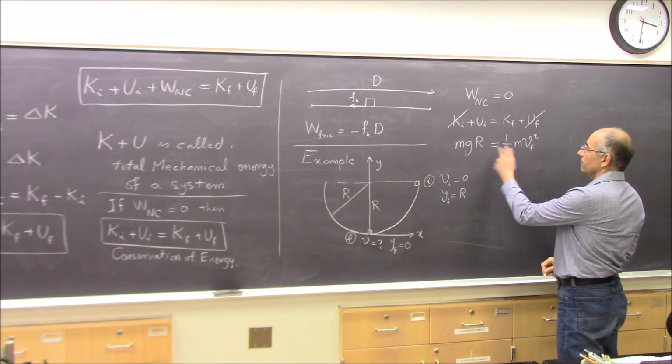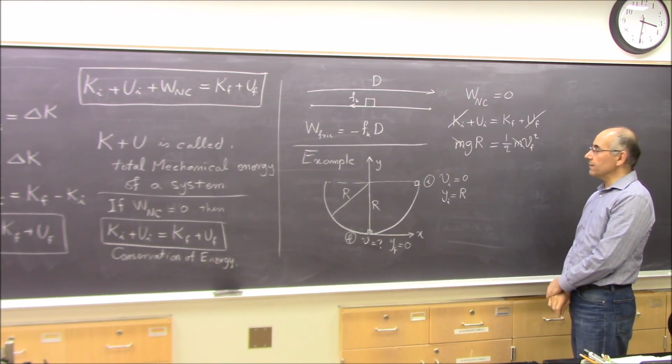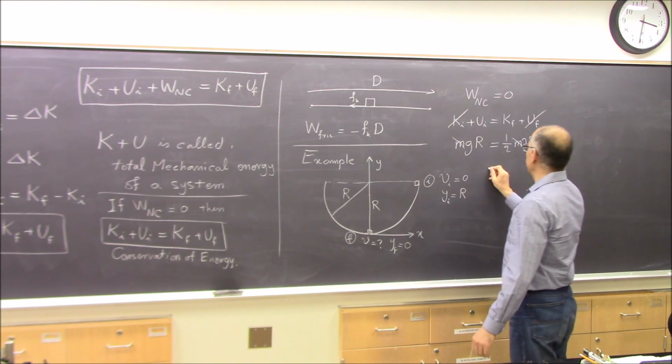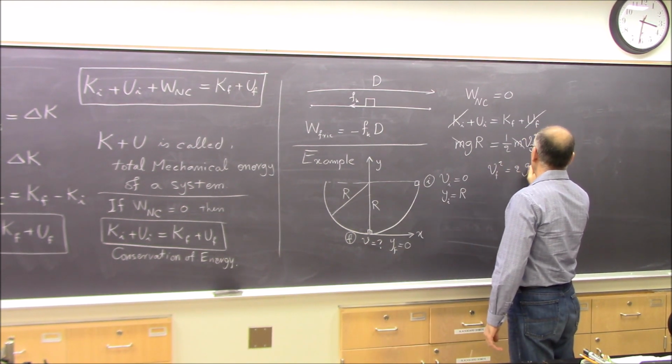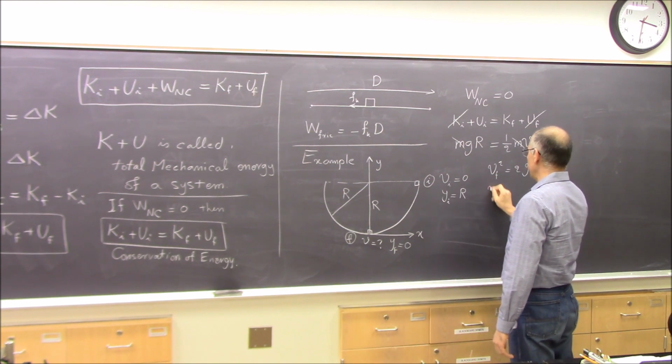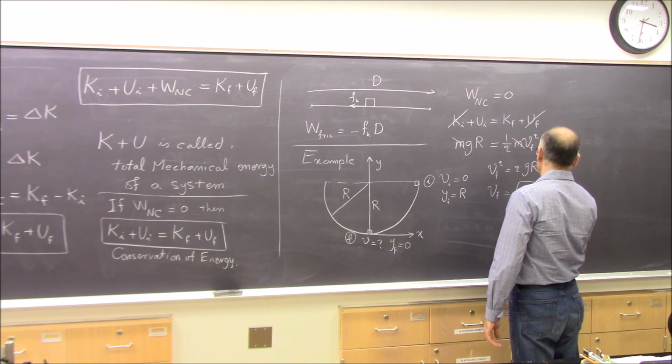And what happens to m? m cancels, the mass doesn't matter. So v final squared is 2gr. So V final, the speed, is the square root of 2gr.